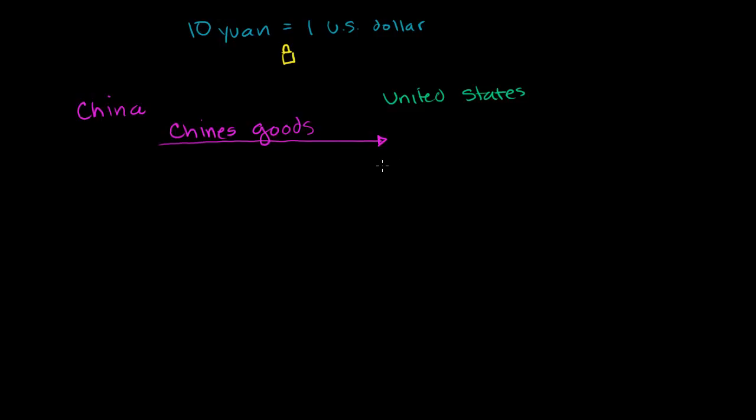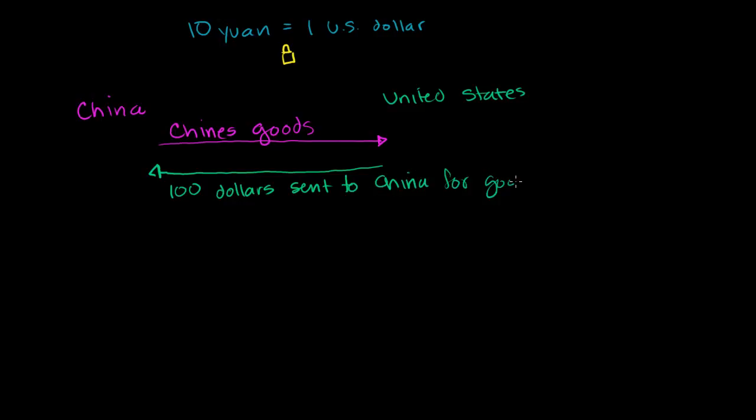So let's say in this time period, let's say it's a year, $100 is sent to China for the goods. And this is really just a summary of what we saw in the last few videos.